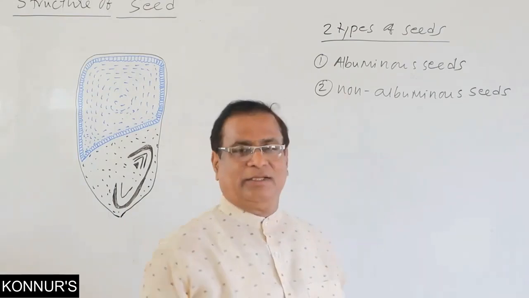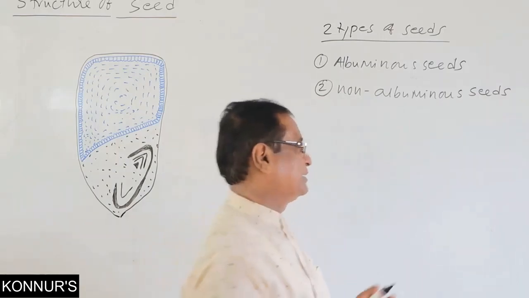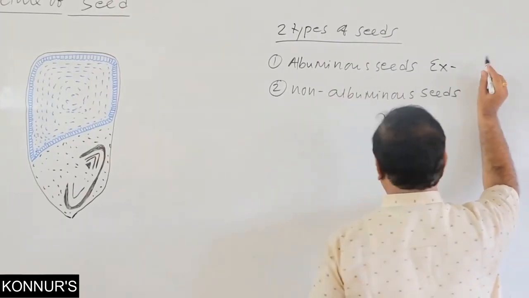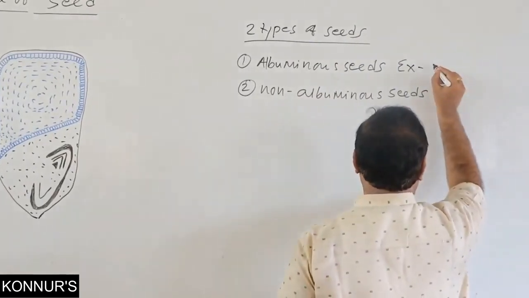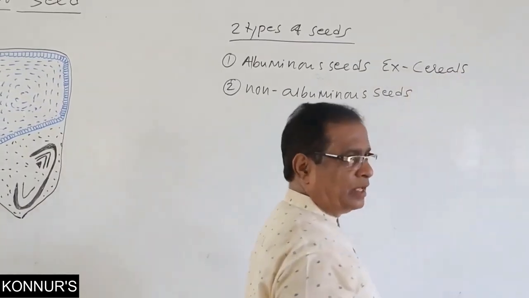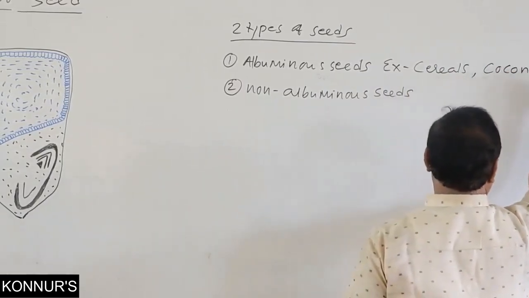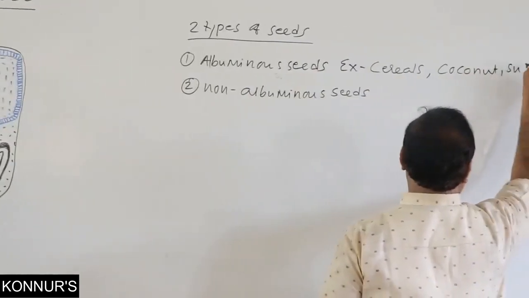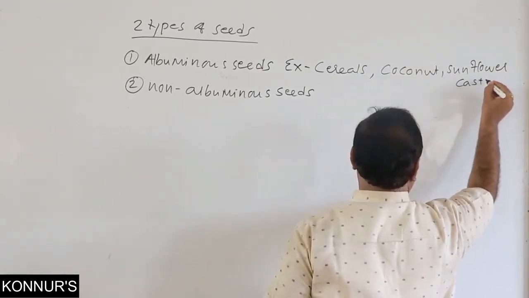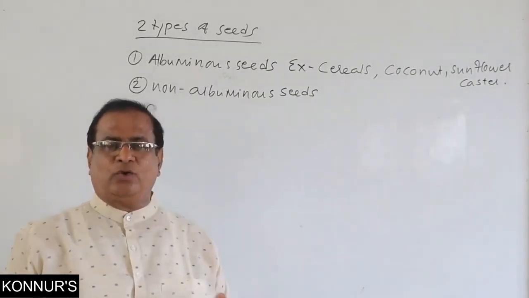And such seeds, which are with endosperm, are named as albuminous seeds. Examples for albuminous seeds are all the cereals like maize, jowar, wheat, rice, and coconut, sunflower, even castor. They are all albuminous seeds in which the endosperm is there.